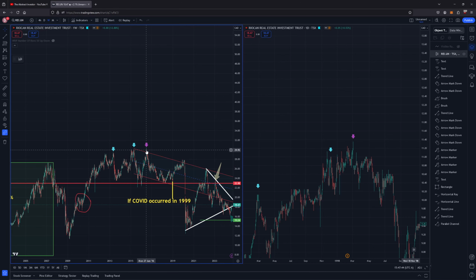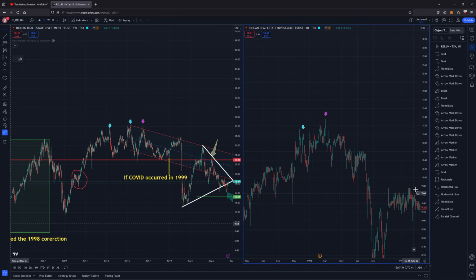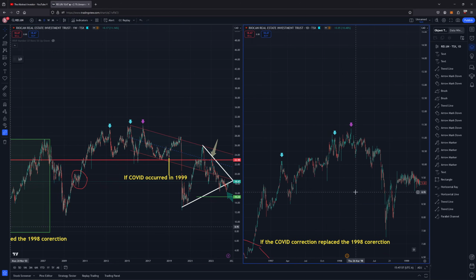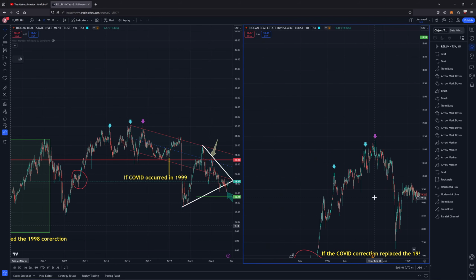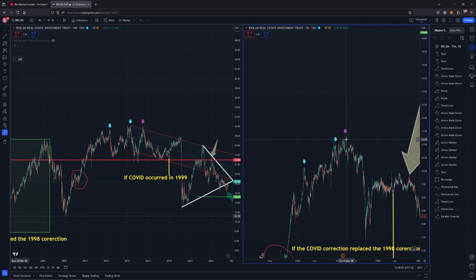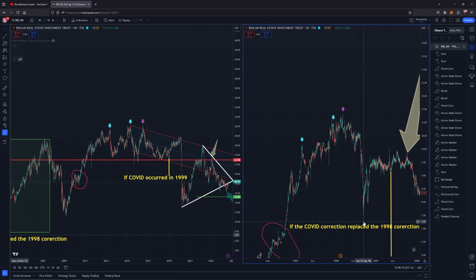So from the purple arrow, which is June 2016, I have that as March 1998. And then you can see on the late 90s chart this chop down until a really large correction which bottomed September 1998.